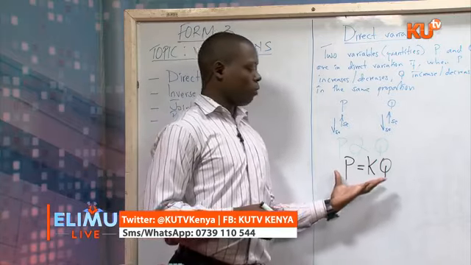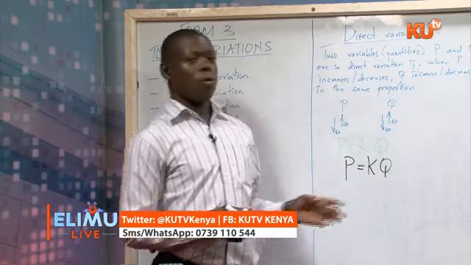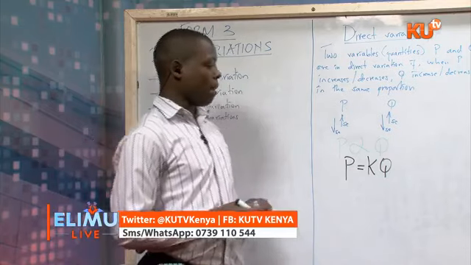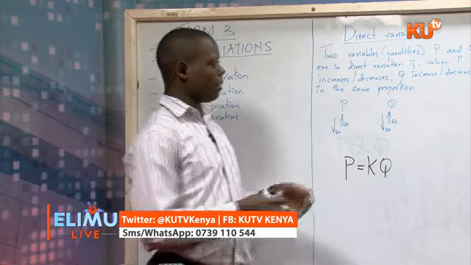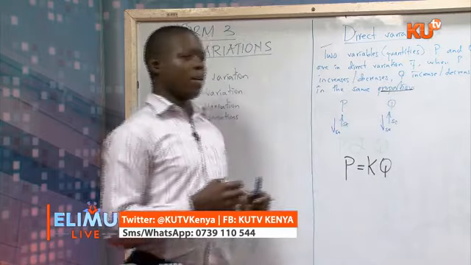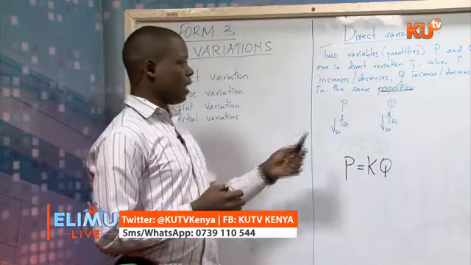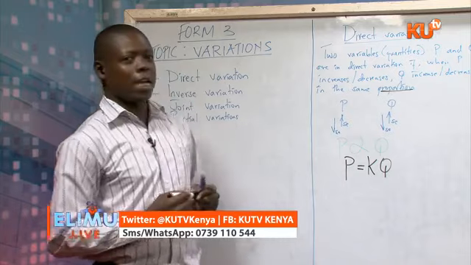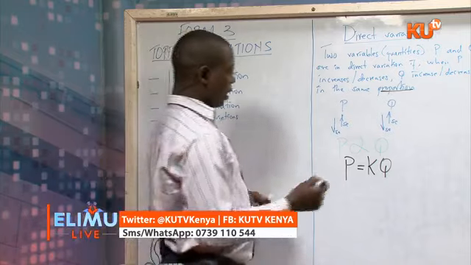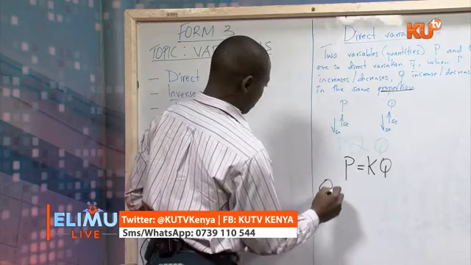In our analysis of questions, we are always going to see how we determine the value of K, because K here is a scalar, what we call the scalar for proportionality. In this case, it is what brings in the proportion part. Let us take an example of a question of this kind.